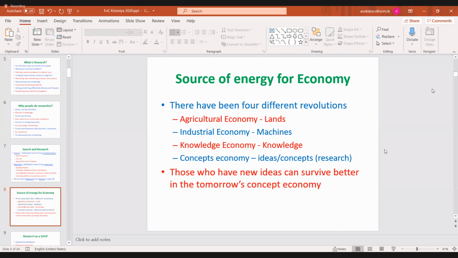You don't need big lands or big machines for that. You need only knowledge. Now you see all this online shopping, eBay and other options. Even with Ikman.lk, you can advertise your vehicles to sell, and you can also buy vehicles from there.